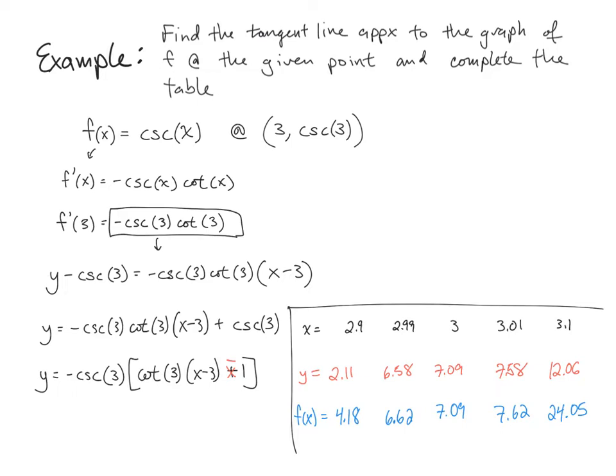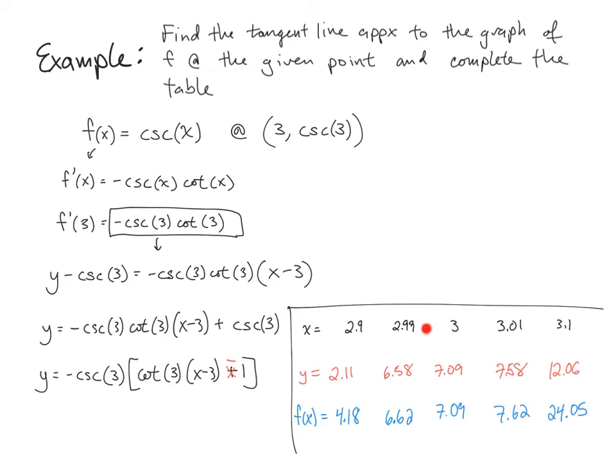And you can see that, of course, as expected, if you substitute 3 into our approximated function and you substitute 3 into the original function, you will get the same value. There is no difference in x, so there shouldn't be any difference between our calculated value from the point of tangency on the tangent line and our calculated value from the point of tangency on the original function.